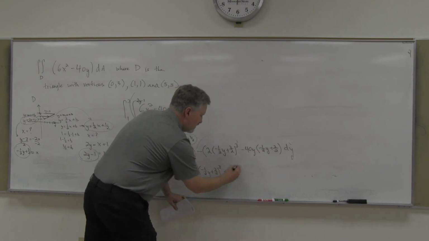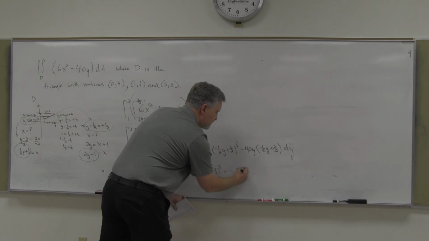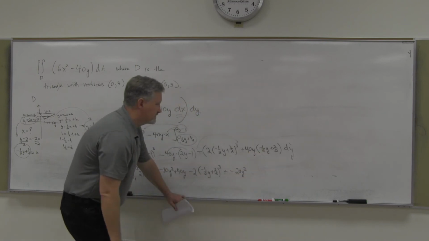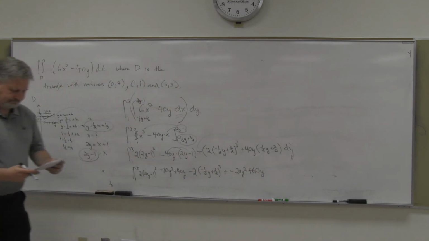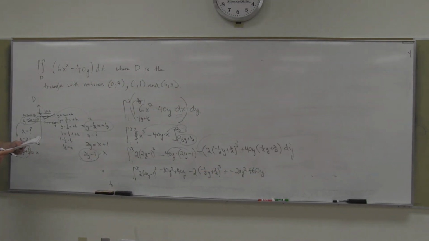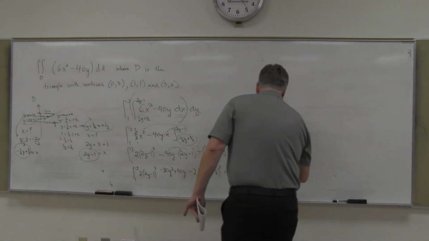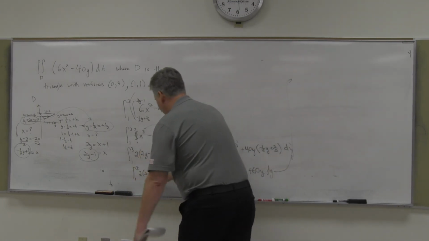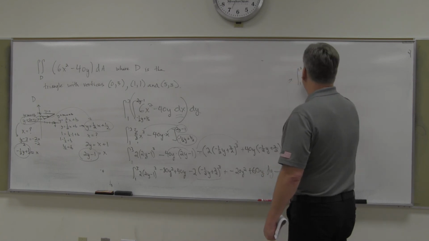So what's that? 40y times that would be negative 20y squared. And again, it's positive 40y times that. Is that 60y? And then, yeah, I've got some like terms here. So like I said, I'm going to leave these two alone and just do those as u substitutions.